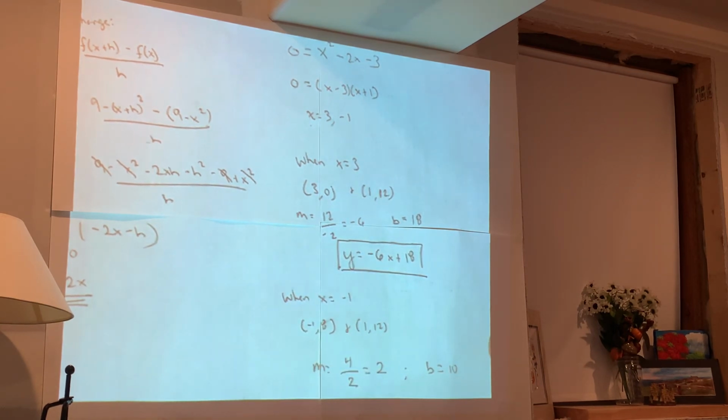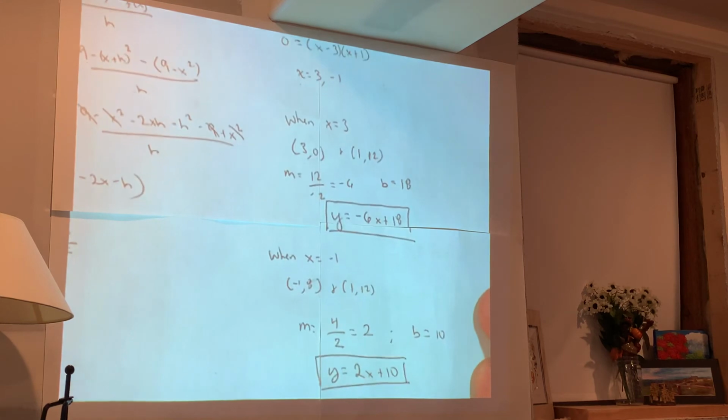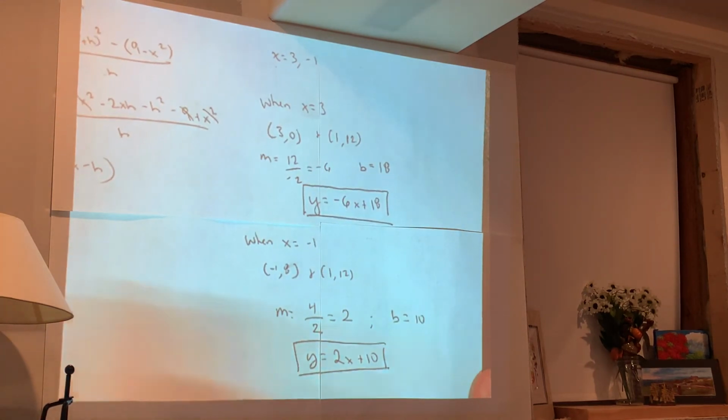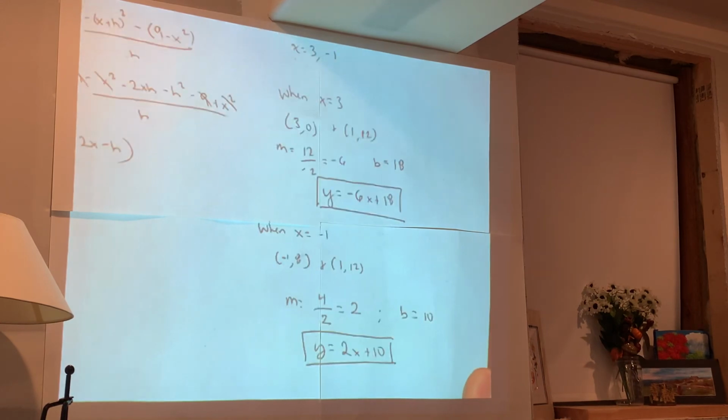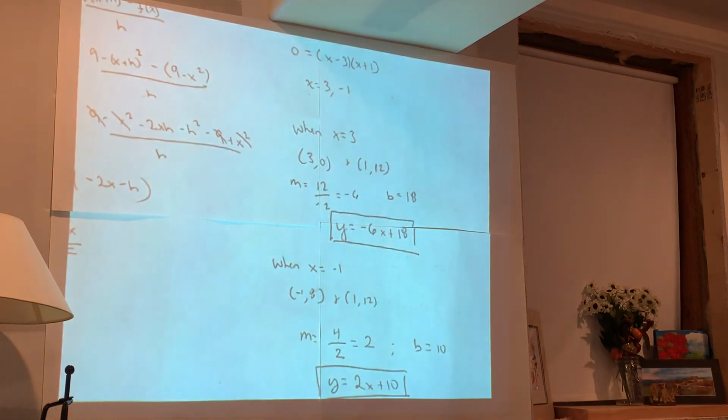So we get y = 2x + 10 for the equation of the other tangent line to the curve that passes through the point (1, 12). Okay, so those are the two solutions to this question. I'll double check that I didn't make a mistake. And I did not, so that's good.